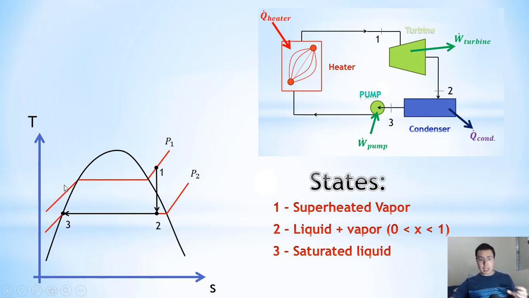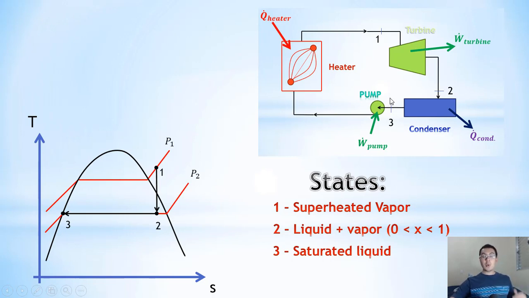And as I told you before, at the pump here we will have the increase of the pressure of the system. As I showed here, we will work at two pressures, a higher pressure P1 and the lower pressure P2. So as I told you, at the outlet of the condenser we will have saturated liquid.